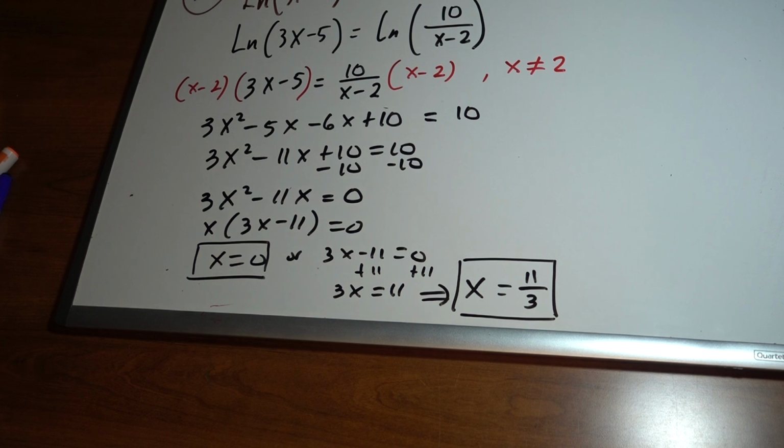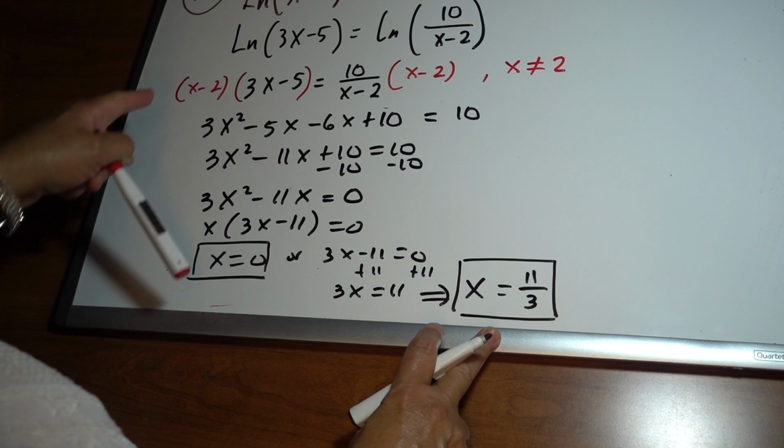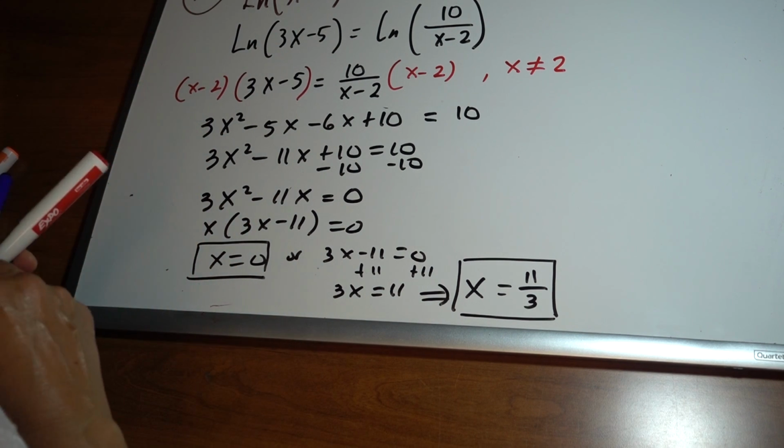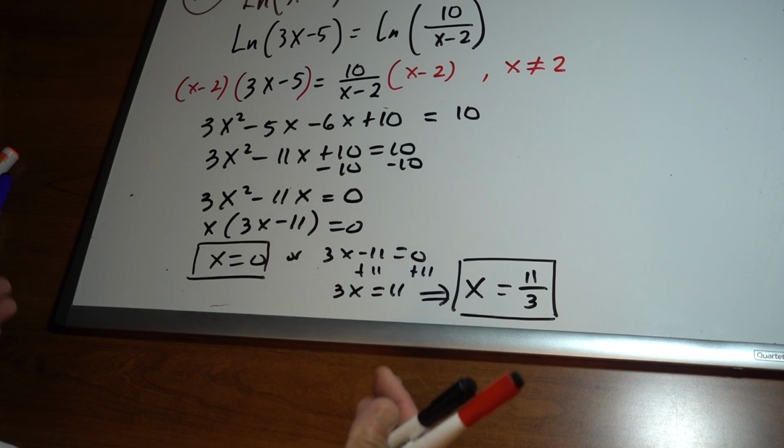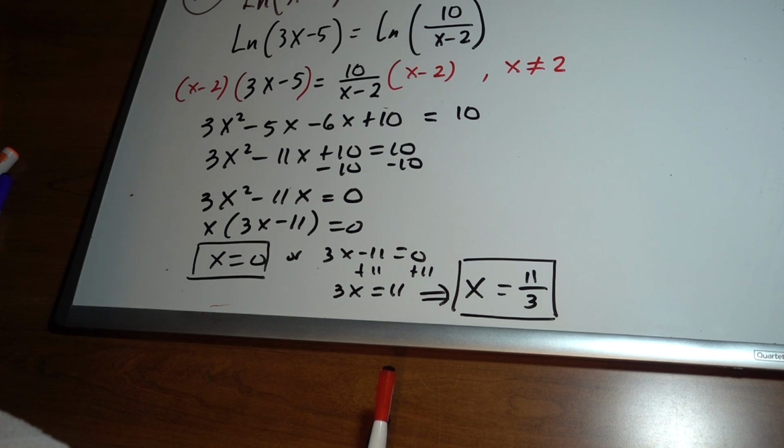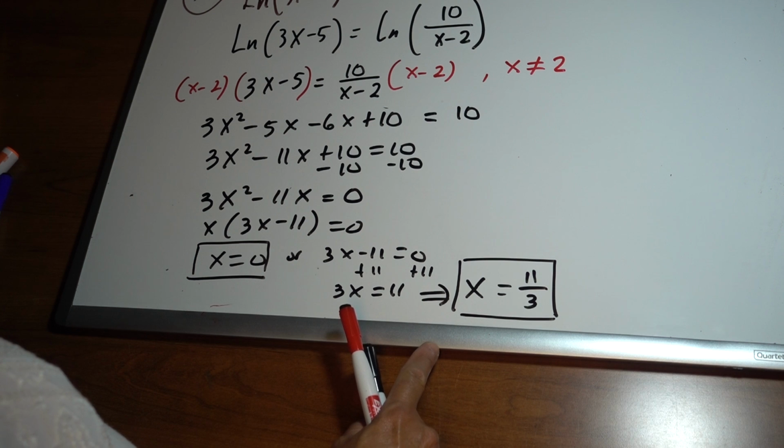So I think I already explained to you in the previous problem that when you're solving a logarithmic equation, we need to check. Part of the solution of this kind of equation is checking. So we have to check for extraneous solutions.